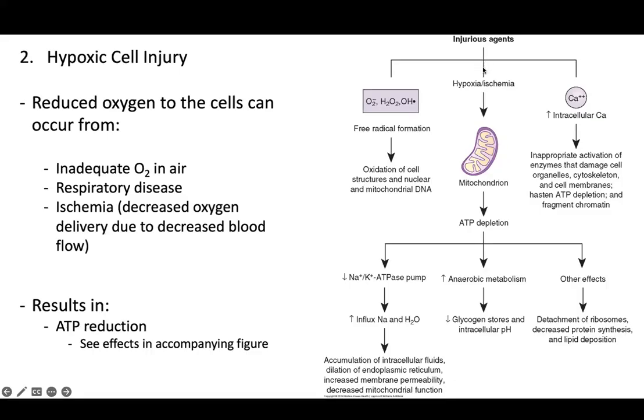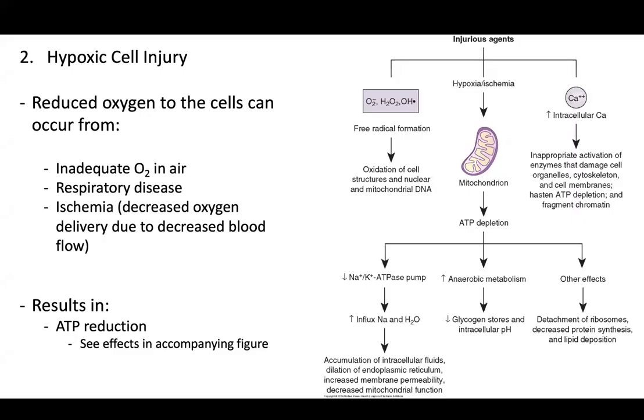The second major injurious event that we can have is something called hypoxia. So hypoxia is a reduction in the supply of oxygen to a particular part of the body. It's the condition of having low oxygen.